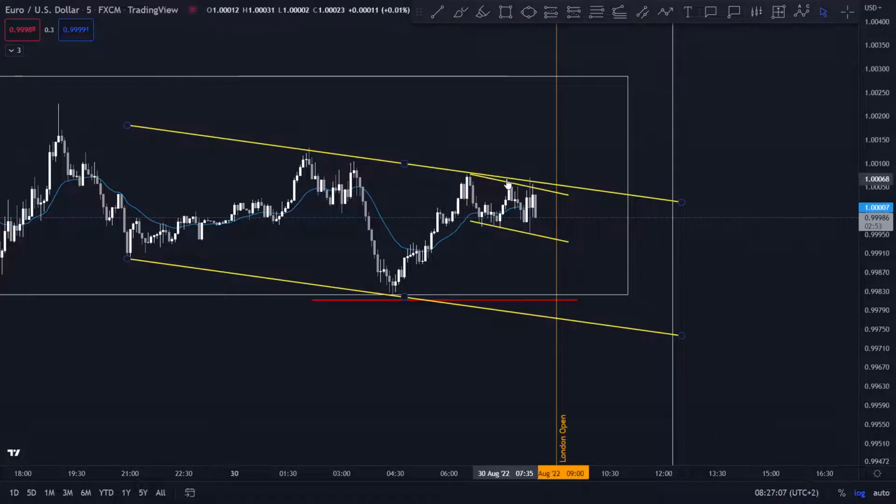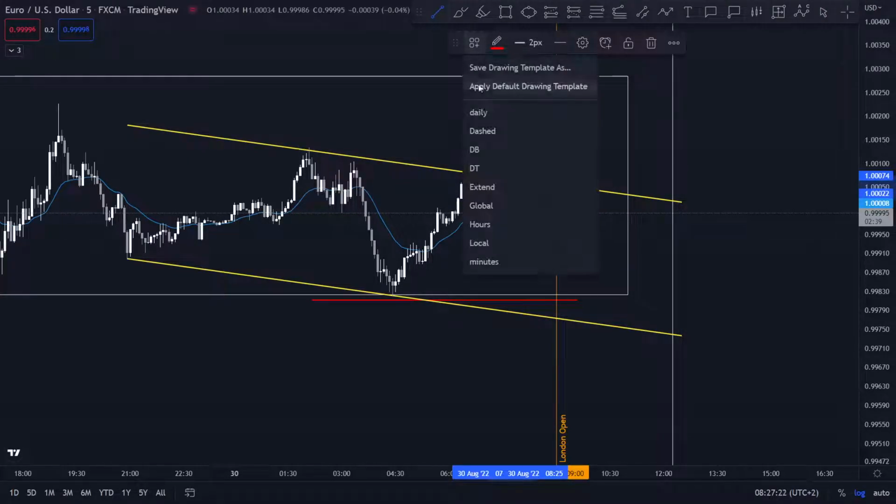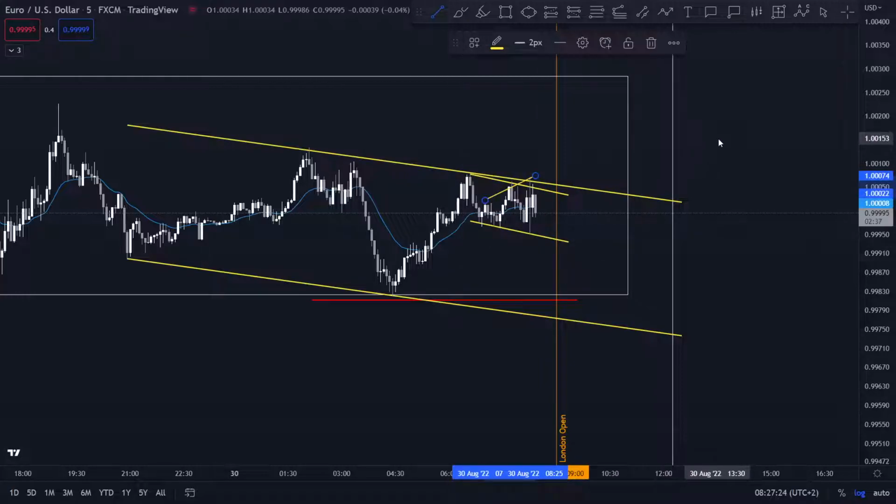Market made new highs. Likely will come try to make new lows. It's a widening triangle.